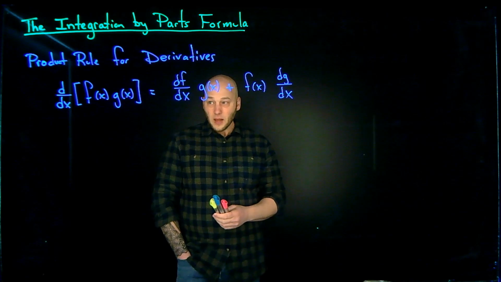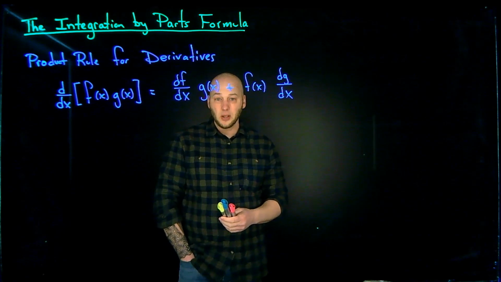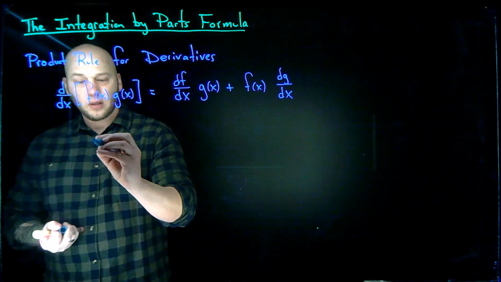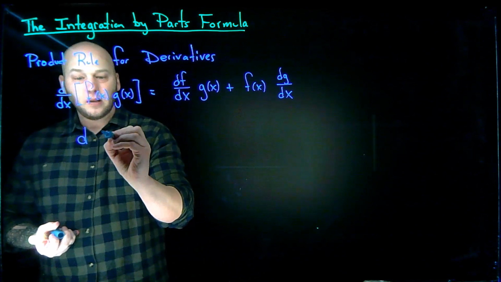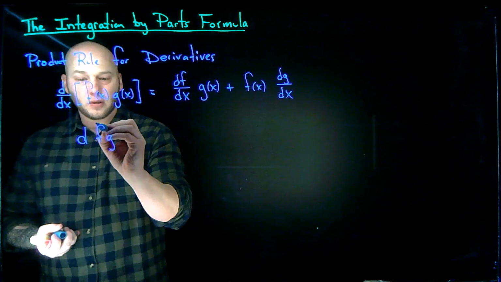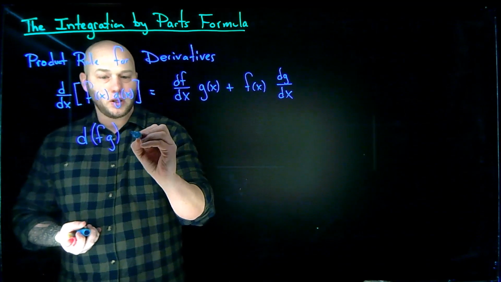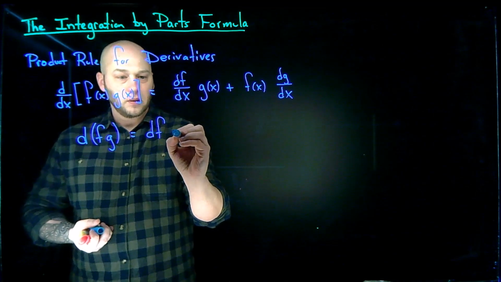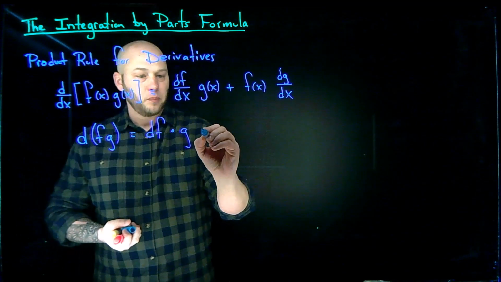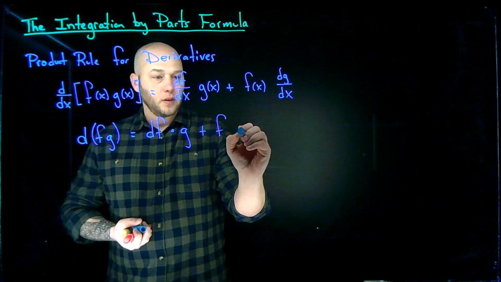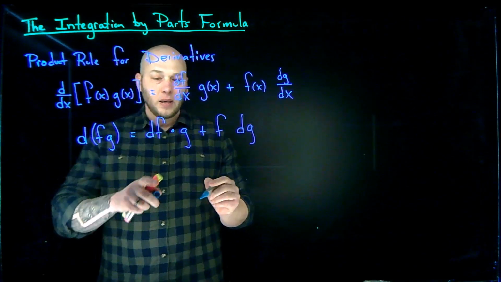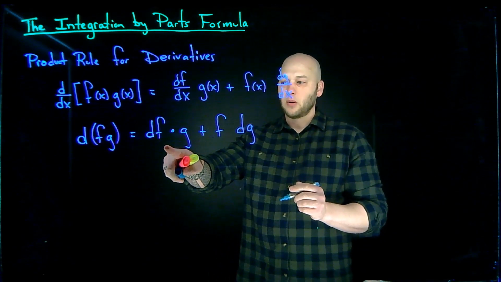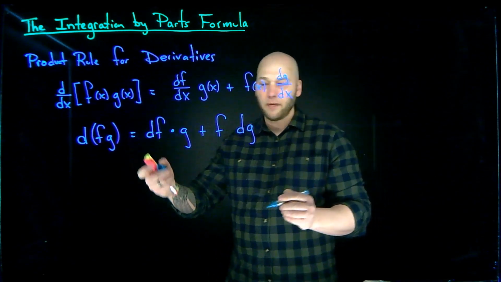Now, I'm going to clean up the notation a little bit and write this in differential form. In other words, d(fg), the derivative of f times g, is going to be df times g plus f dg. And in order to avoid parentheses here, since multiplication is commutative, I'll write this as g df.